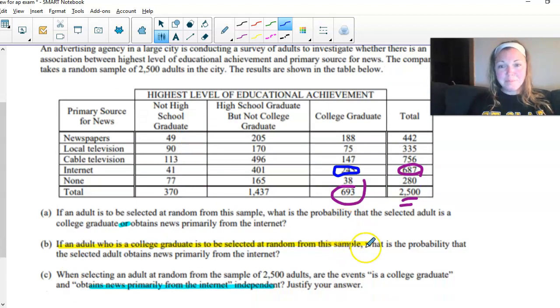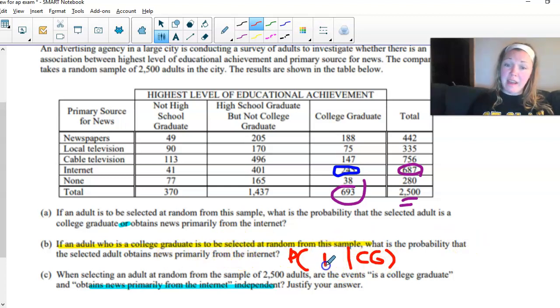These can. Okay, part B, if an adult who is a college graduate is to be selected at random from this sample, what is the probability the selected adult obtains news primarily from the internet? This is a conditional probability without the word given. So what's given? The adult who is a college graduate is to be selected from the sample. CG. What is the probability that they get their news from the internet? So whatever is given goes on the right side of this line. And then what the question's asking is on the left.